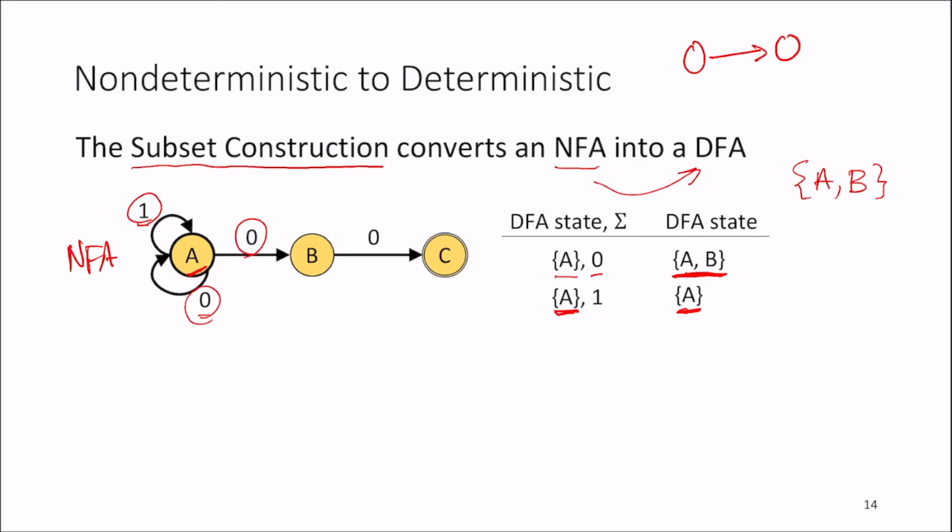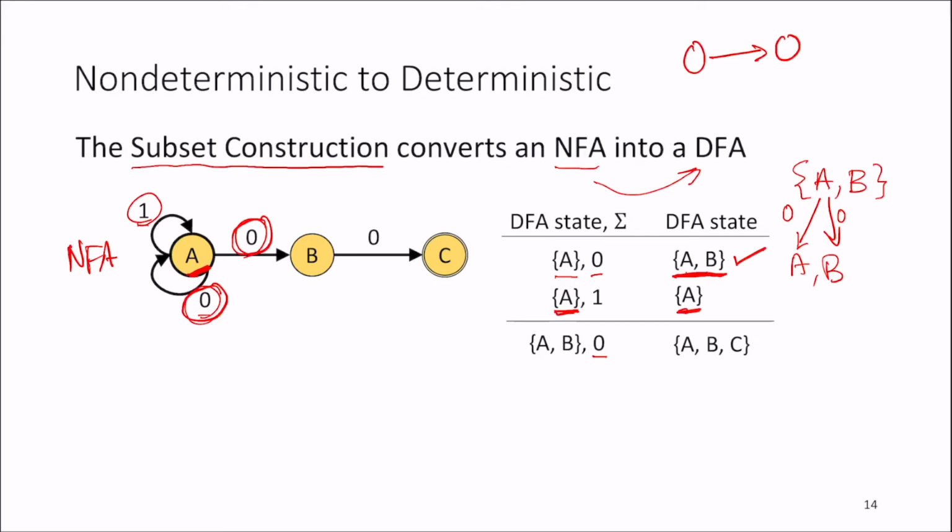So now let's look at this state, AB. If I'm either at A or B, then if I take an input symbol 0, let's examine what can happen. On A, with input symbol 0, we already know that A is ambiguous. It can either take this transition to itself or go to B. So it has two options.